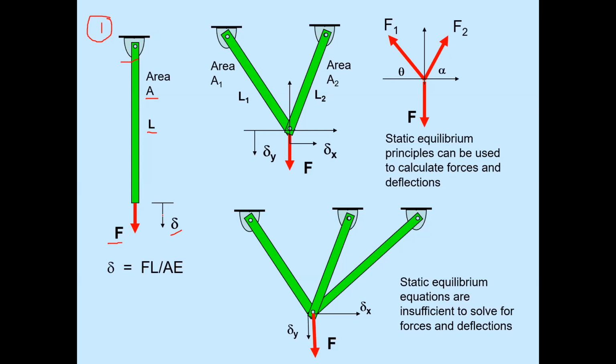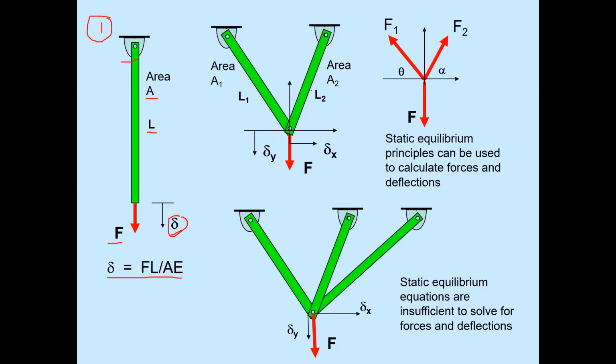Now, how will we determine the deflection? It is an axial force acting on a member of length L and area A. The value of the axial force is F. So the deflection delta produced by that axial force is equal to FL upon AE, which we have studied in solid mechanics courses as well as in structural analysis courses.